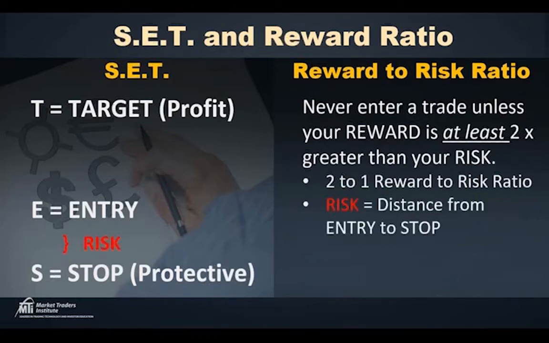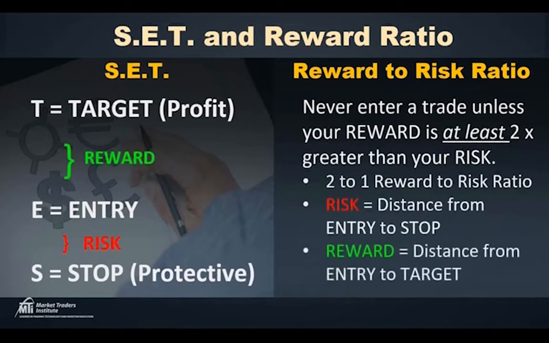So the risk is the distance from your entry to the stop, and the reward is the distance from the target to the entry. I'm going to guess that many of you are familiar with this, but say you're risking 100 pips on the risk side, then your reward should be 200 pips or larger, okay? So hopefully this basic information is making sense.